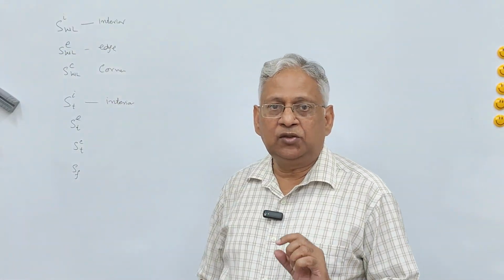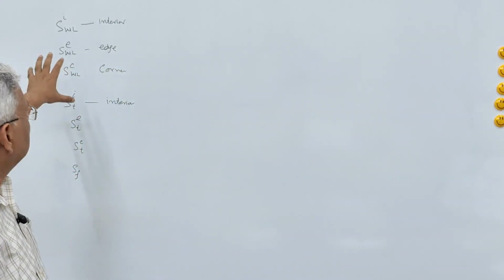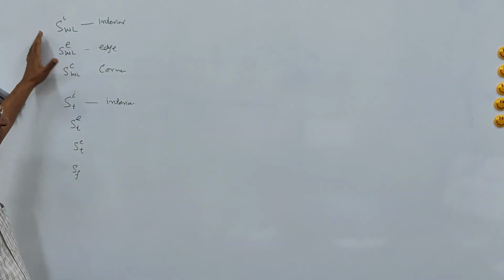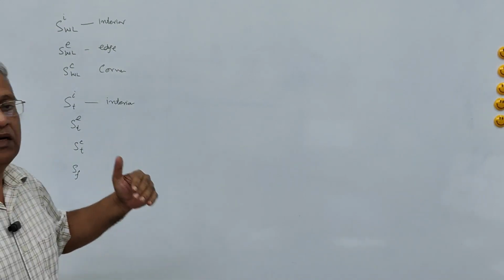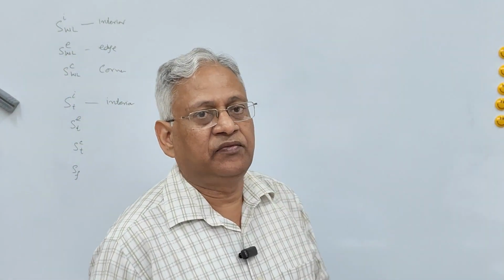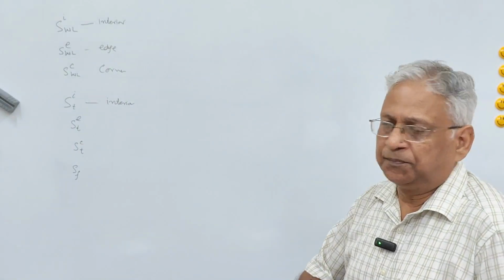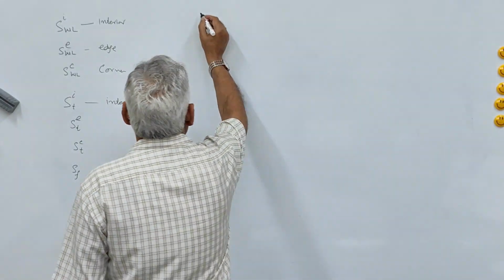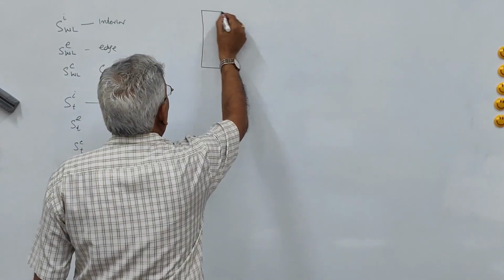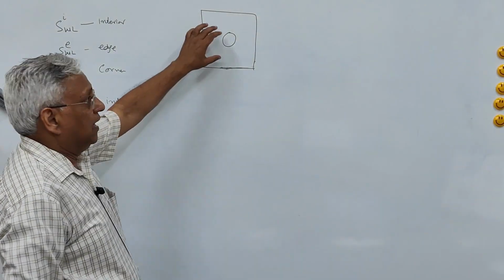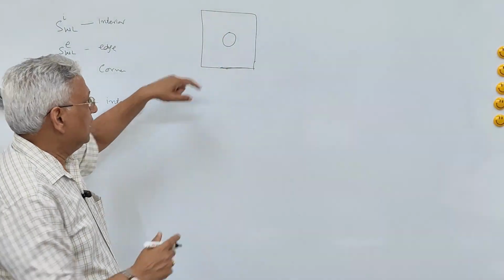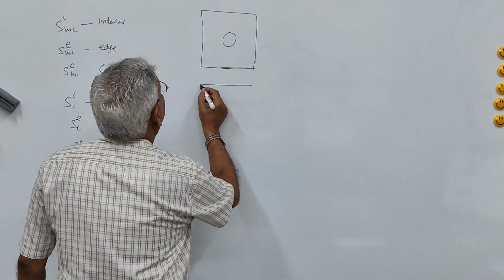I have uploaded 2 videos on this aspect. In one video I have discussed only the wheel load stresses. In the second video I have discussed the temperature stresses, friction stresses and their combinations. But briefly I will tell you that when a slab is loaded at the interior location, then this bending occurs like this.